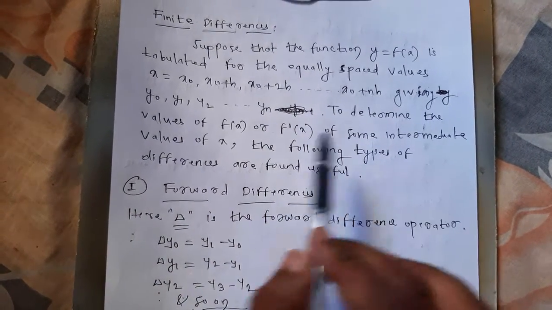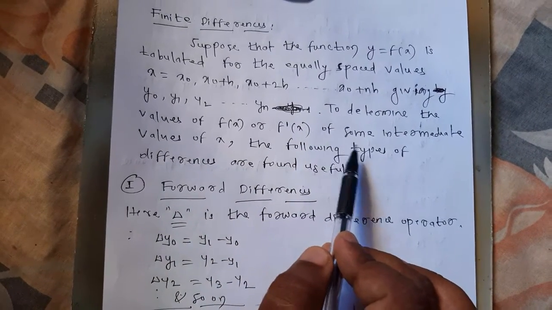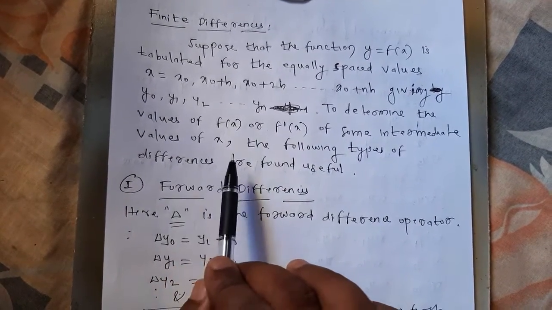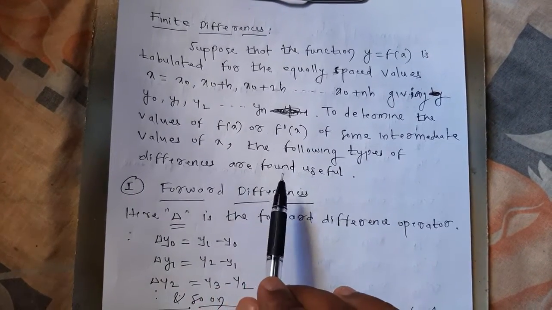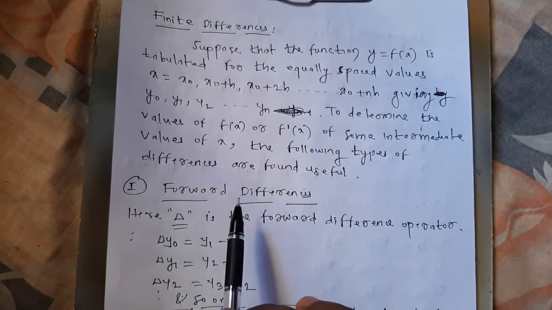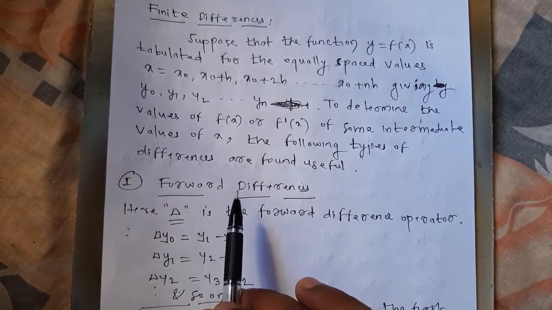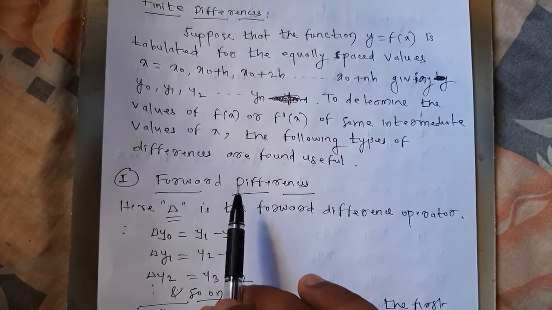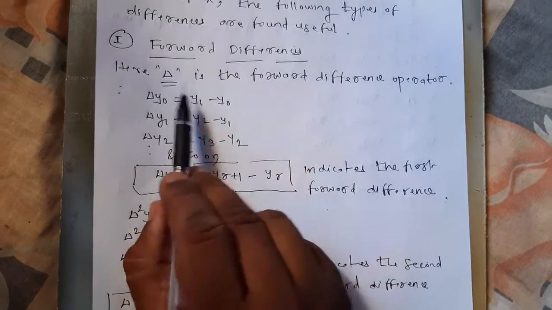Here, to determine the value of f of x or f dash of x for some intermediate value of x, the following type of differences are found useful. So here we are going to discuss two differences. One is forward difference and another one is backward difference. First we'll see the forward difference.